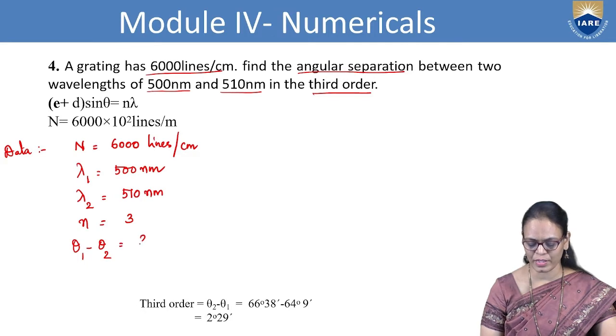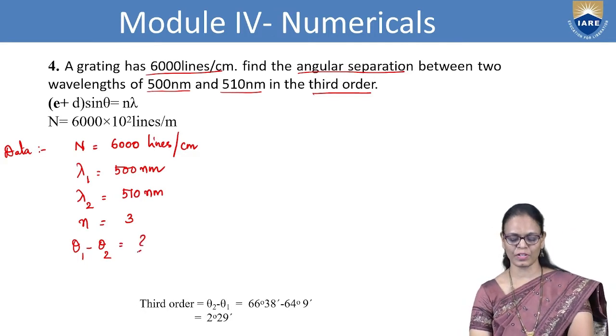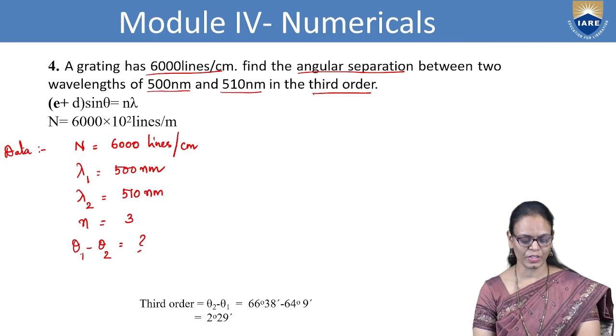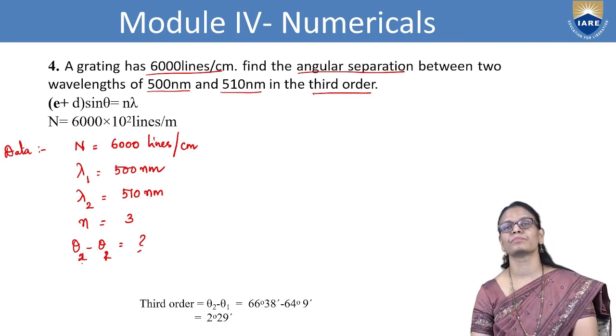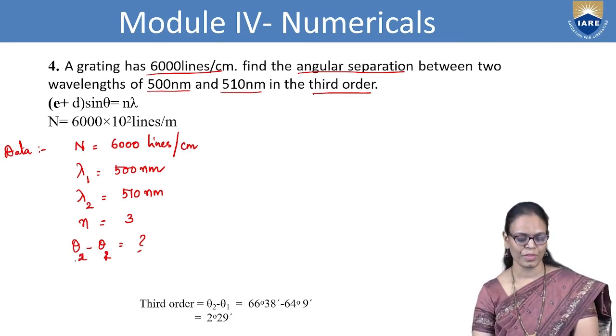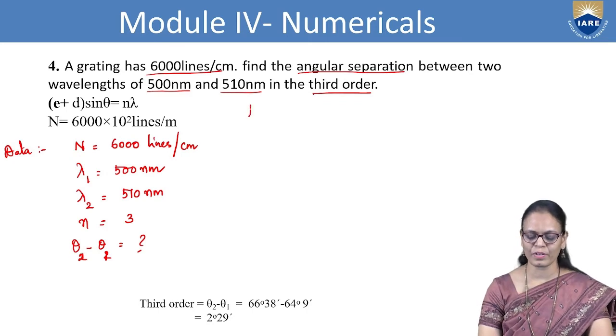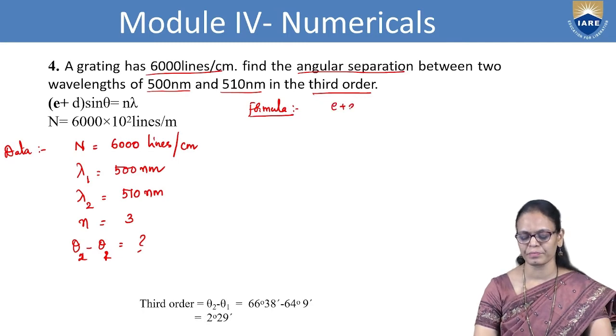Theta 1 minus theta 2 is equal to how much, or whichever is greater. So we have theta 2 minus theta 1. We have to calculate. Okay. So the formula we are going to use is the same. (e plus d) into sine theta is equal to n lambda.